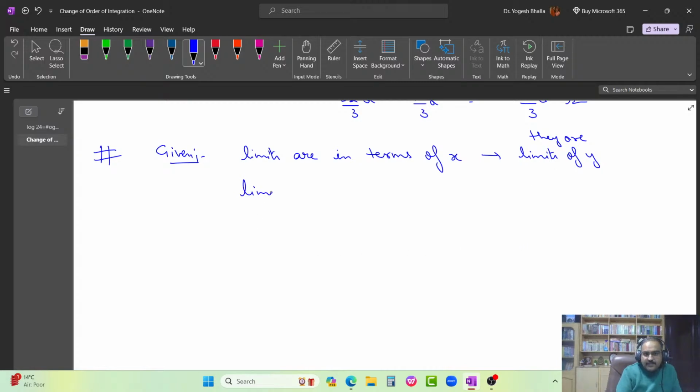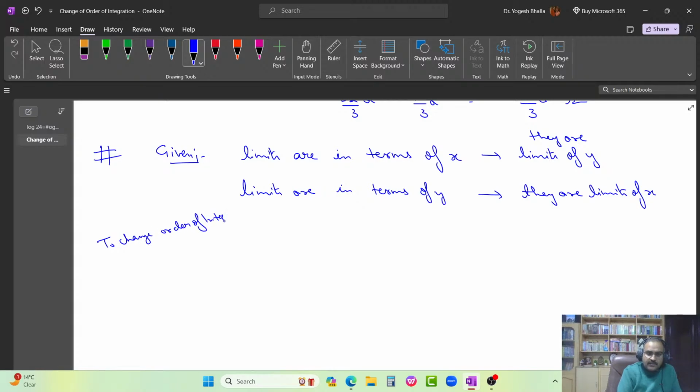And if the limits are in terms of y, that means they are limits of x. Now to change the order of integration, when we are taking limits of y, that means they have given us a vertical strip.